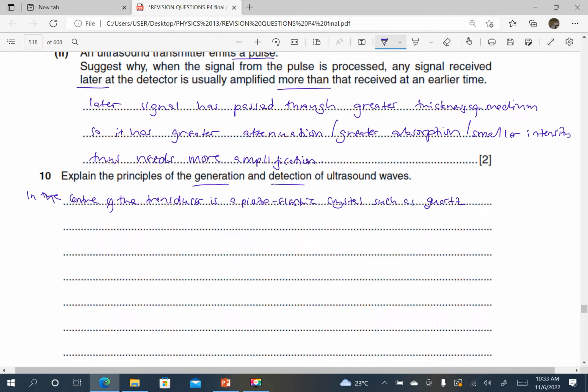The opposite sides of the quartz are coated with silver to act as electrodes.